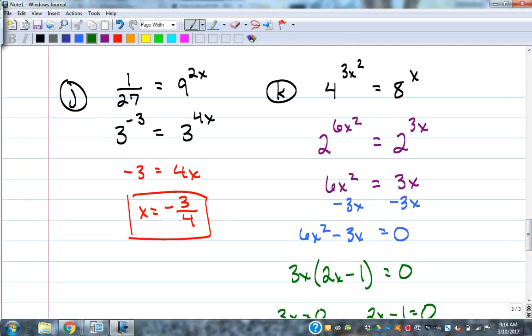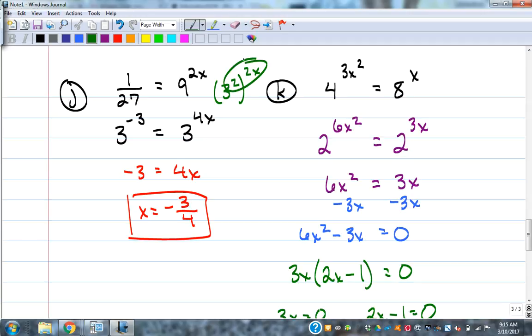Right, but this was 9 squared over here. 9 to the 2x would be... I broke it down to get a base of a 3. 9 is 3 squared. Yeah. 3 squared to the 2x turns into 3 to the 4x. You multiply those exponents, 2x times 2. So I got the 4x. So you're trying to find what? In between, this is what's happening.